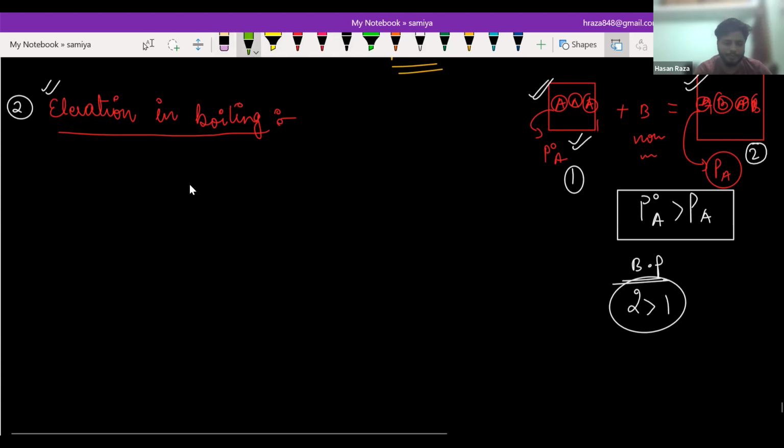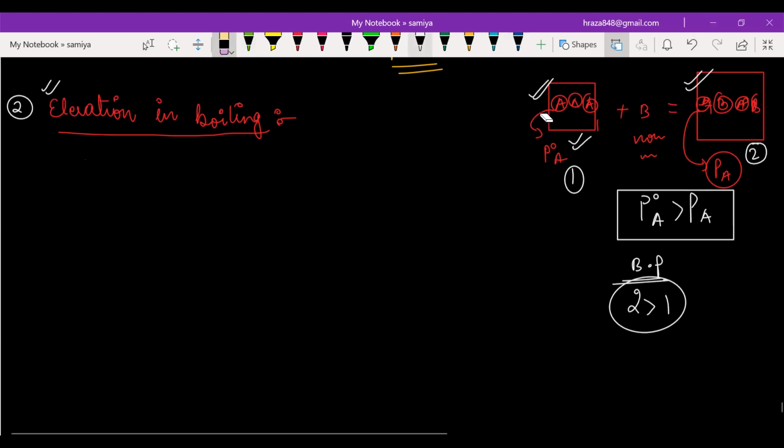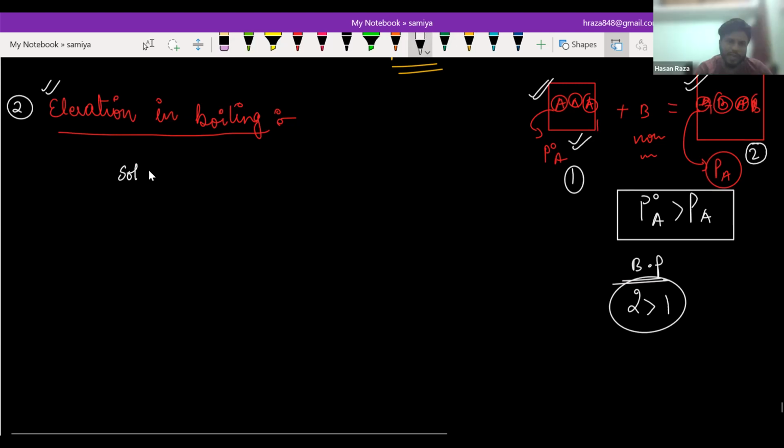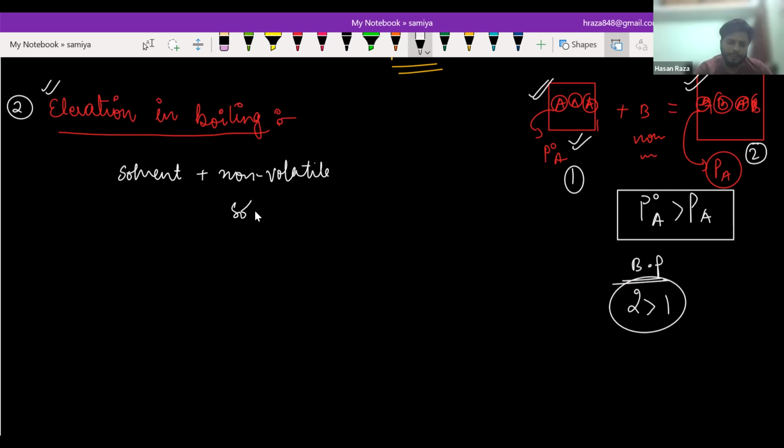Here the solvent is volatile, and we are going to add a non-volatile solute. So whenever we add a non-volatile solute, vapor pressure will decrease and boiling point will increase.